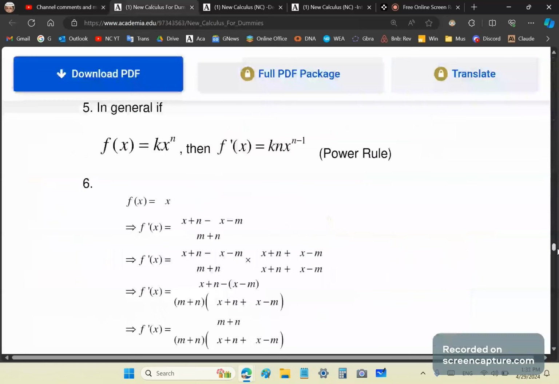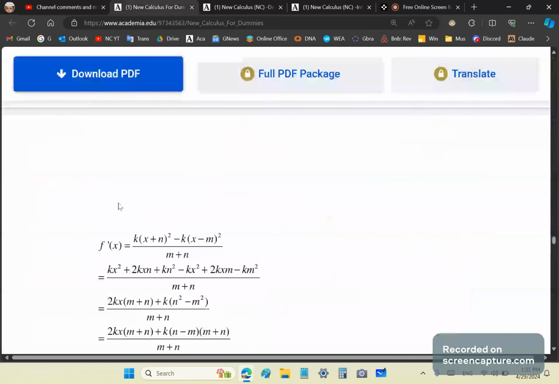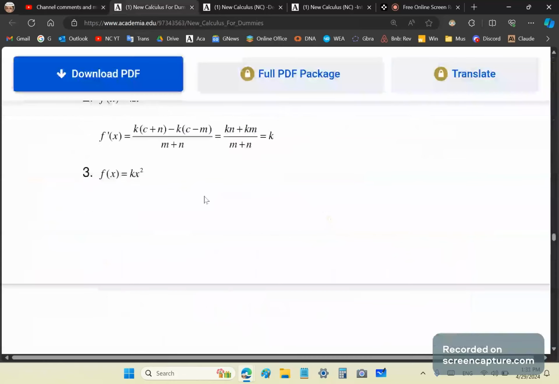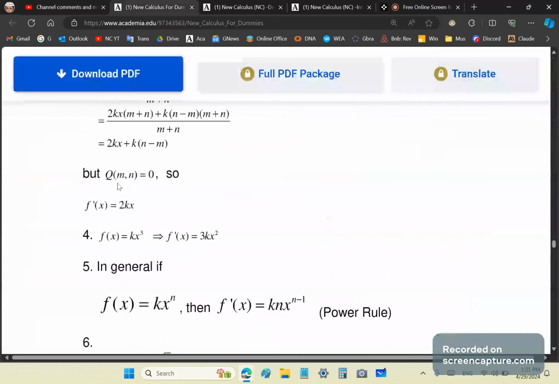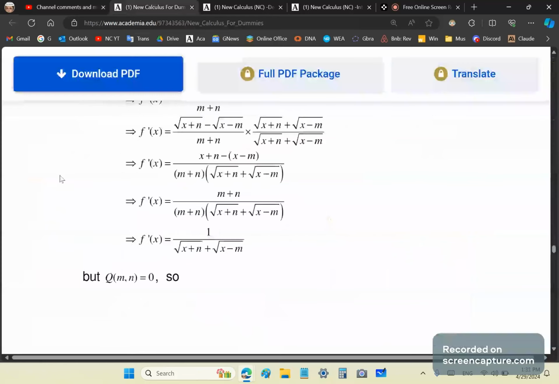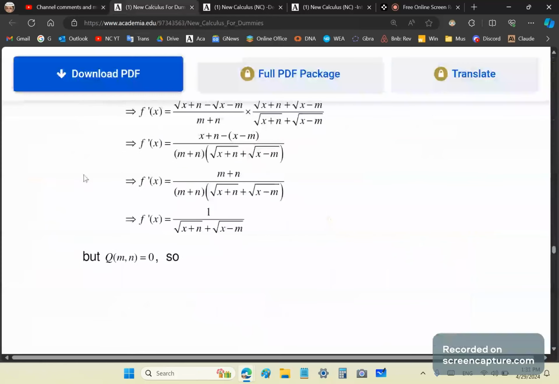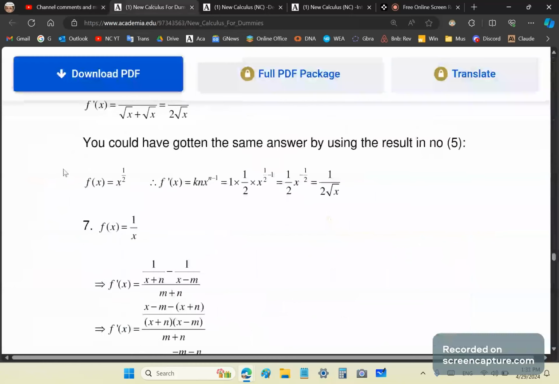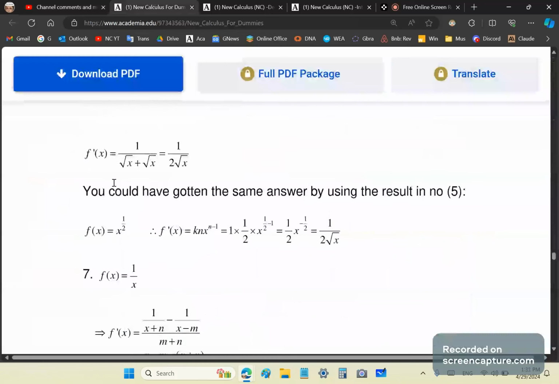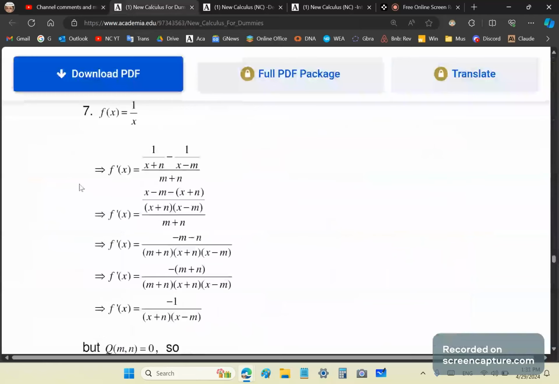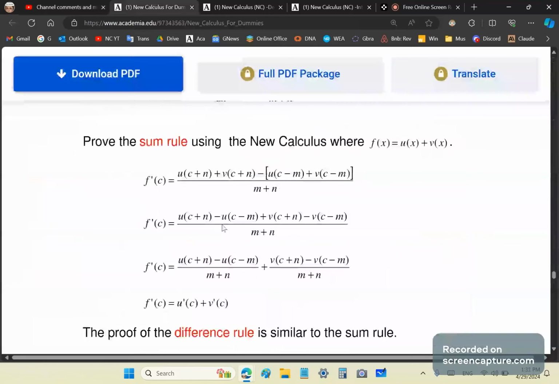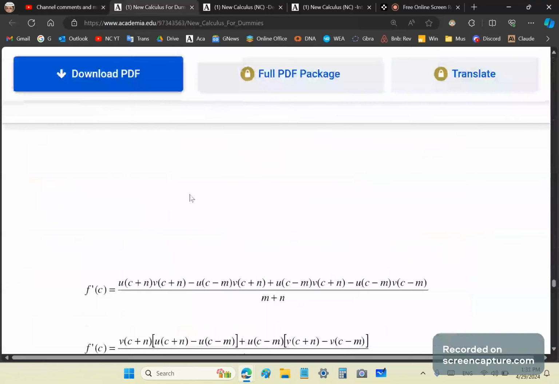So I've done a lot of examples here where you've got constant, quadratic, an exponential, some more flavorful or rather exotic ones like 1 over root x, etc. And then I prove a lot of these: the sum rule, the difference rule, etc.